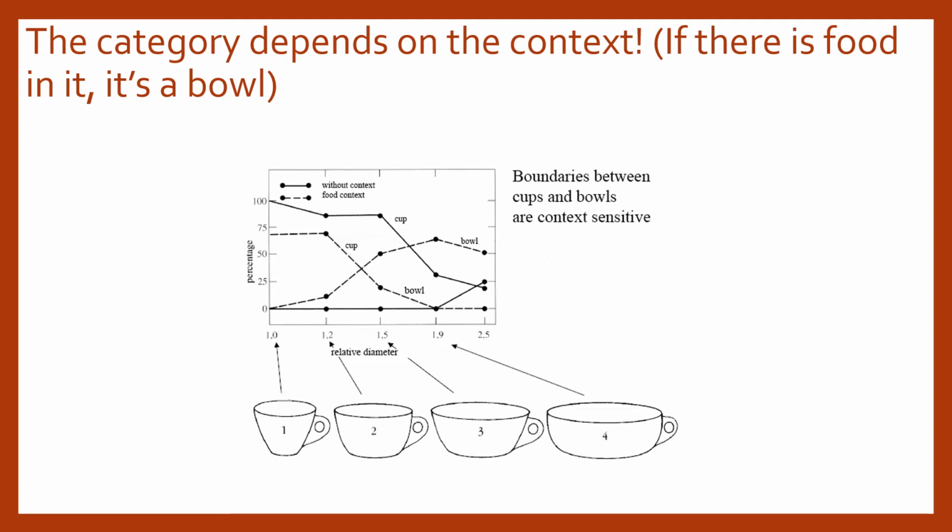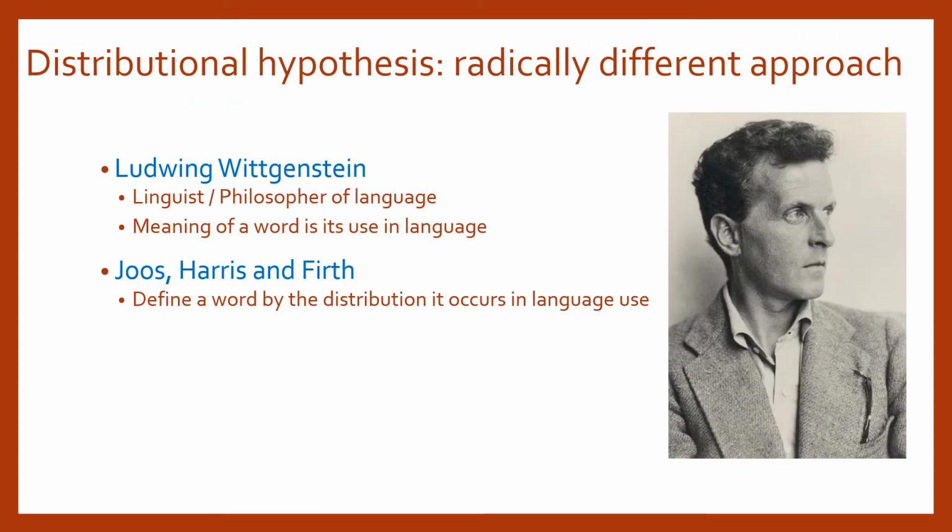Again, one clue here is that context has an impact on the meaning of the word. In some sense, Ludwig Wittgenstein said that the meaning of a word is its actual use in the language.